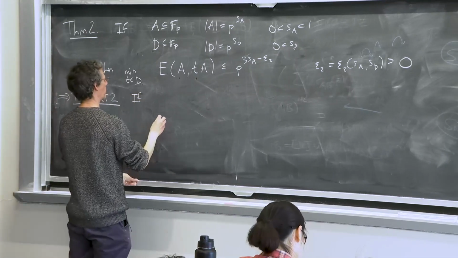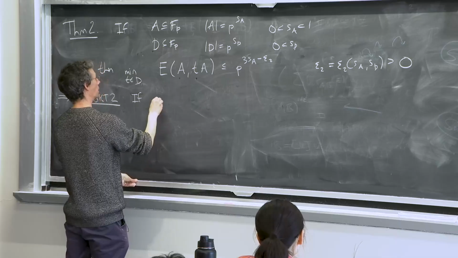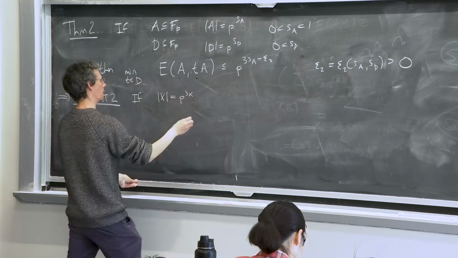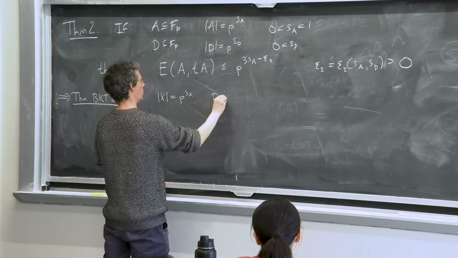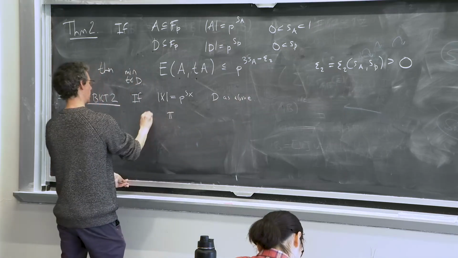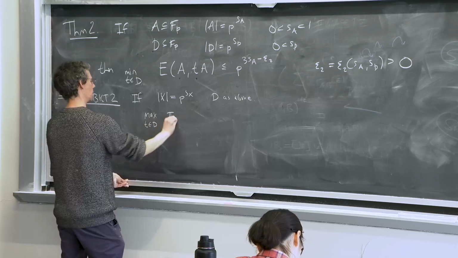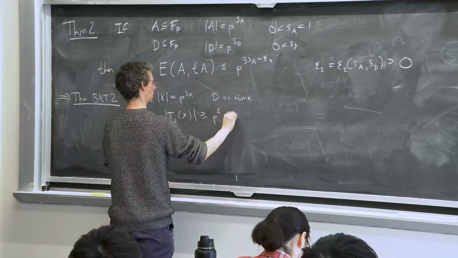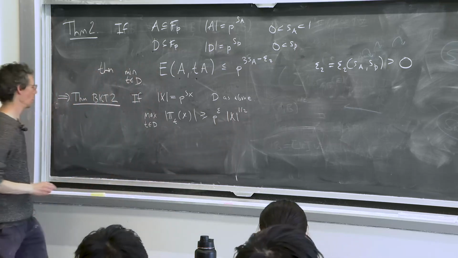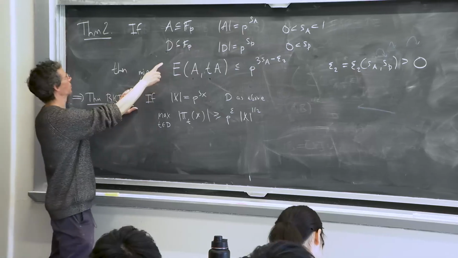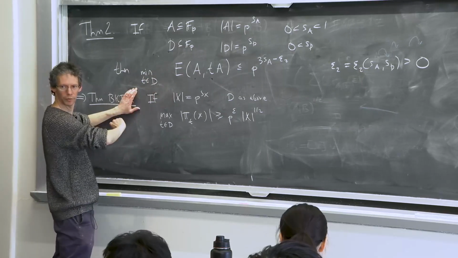that X is p to the sx, and d is as above. So not only can you say the maximum t in d of pi t of X is large, so that's the regular theorem. And this follows from theorem 2 and using our lemma.